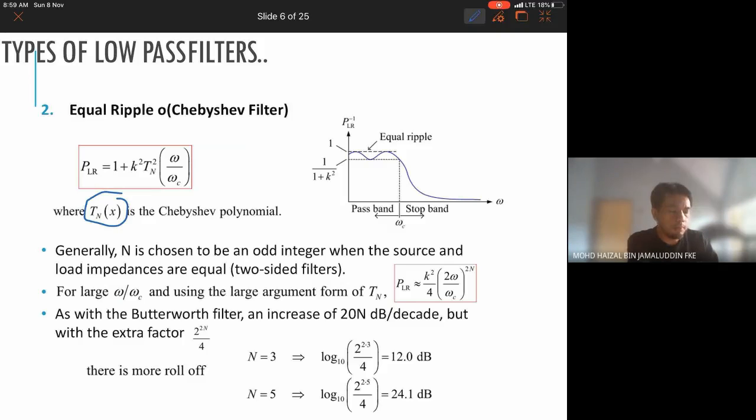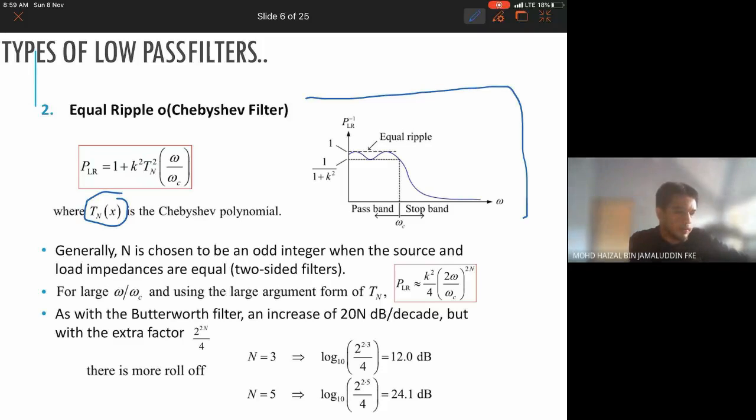Previously, we used m and n for the maximally flat or Butterworth. So this is the equation of the equal ripple power loss ratio equivalent to 1 plus k to the power of 2 Tn to the power of 2 of omega divided by omega c.